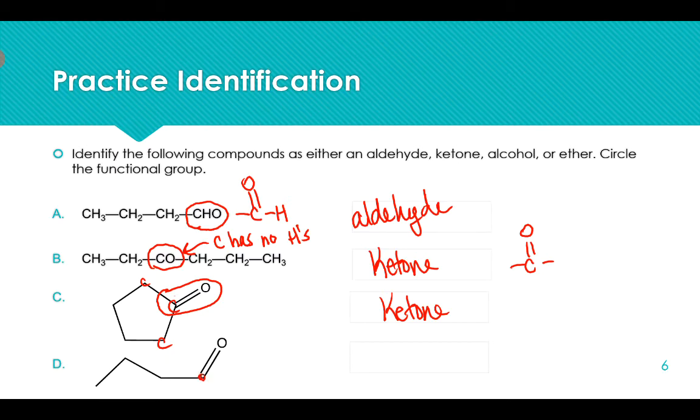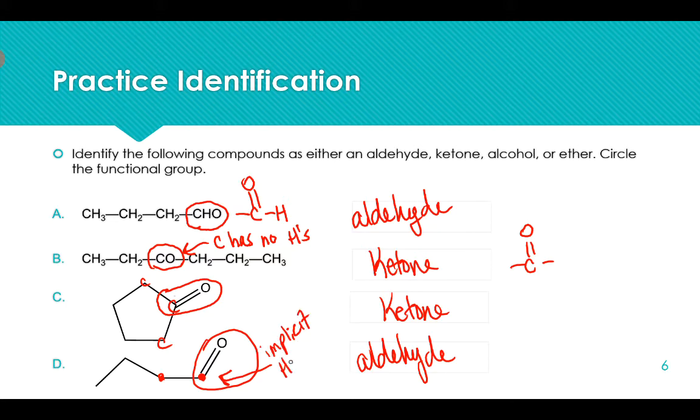This molecule has a carbon here, 1 carbon there, but nothing written on the other side. So this is on one end of a molecule. This is an aldehyde. And so this is an implicit H. Implicit because it's not drawn, but implied.